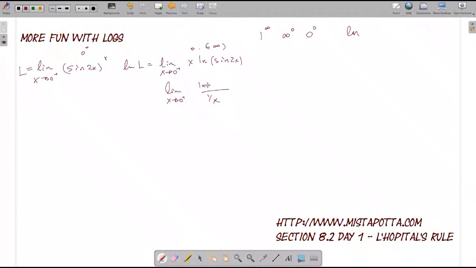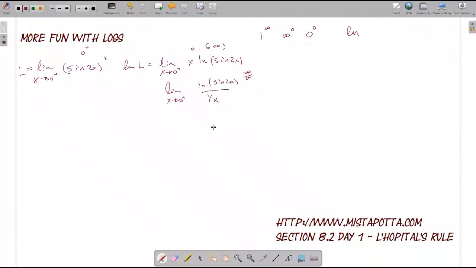So I've got the natural log of sine 2x over 1 over x. And so what I've got is negative infinity over infinity as my indeterminate form, and L'Hopital's rule applies here.